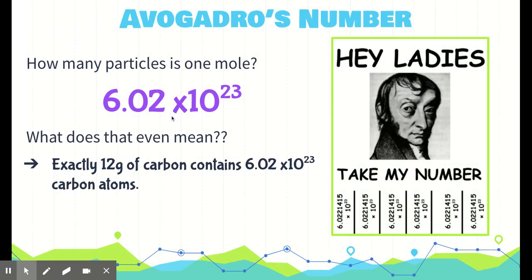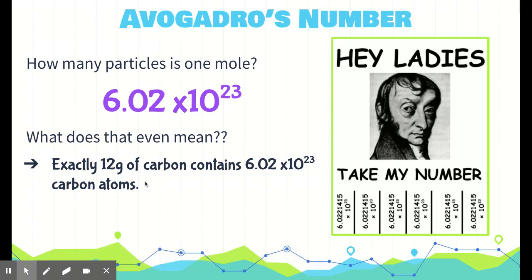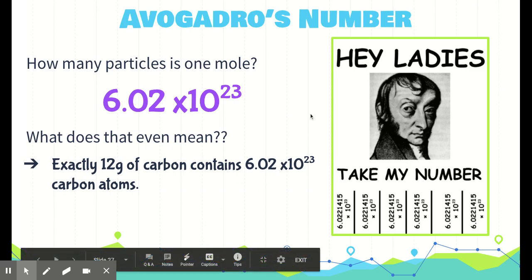So 1 mole of something is 6.02 times 10 to the 23rd. You do need to know this number. You'll want to be comfortable with that and remember it. With this standard of a mole, exactly 12 grams of carbon is equal to 6.02 times 10 to the 23rd carbon atoms.